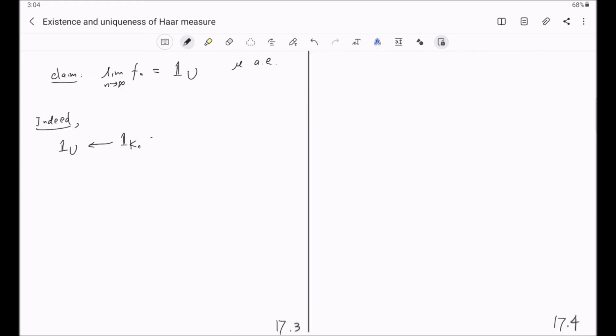So this is less than or equal to Fn. And Fn is in turn less than or equal to the indicator function on U, because the support of Fn is contained in U. So this is because Fn is equal to 1 on Kn. And this is because the support of Fn is contained in U.